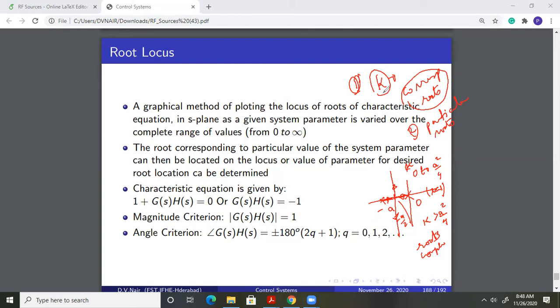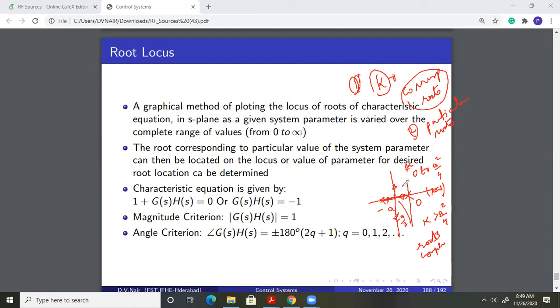Now, we need to know this because if by varying gain k, the roots are becoming unstable, or what I mean is the system is becoming unstable, then I would be coming to know that from the root locus.